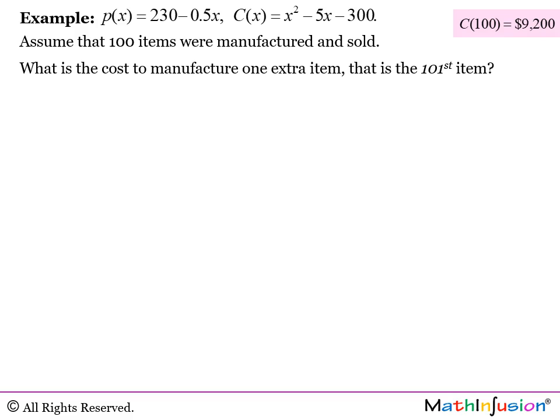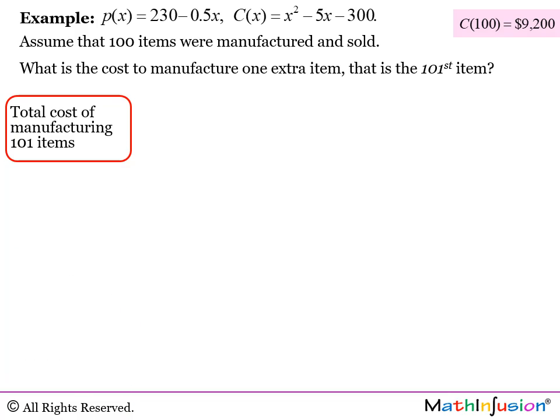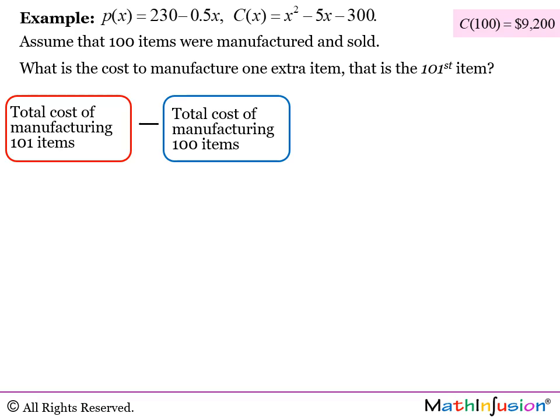What is the cost to manufacture one extra item? That is the 101st item. The total cost of manufacturing 101 items minus the total cost of manufacturing 100 items. If you take this difference, you will get exactly the cost of manufacturing the 101st item.